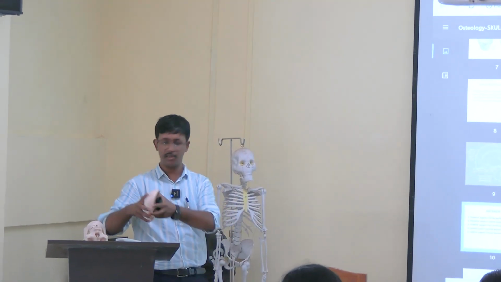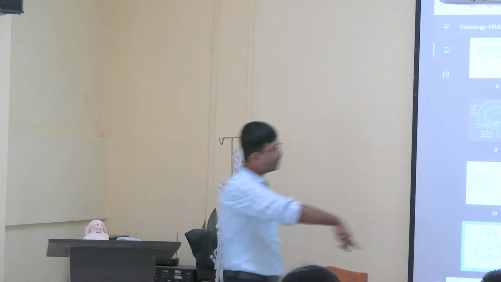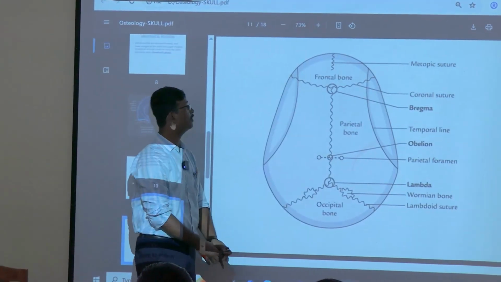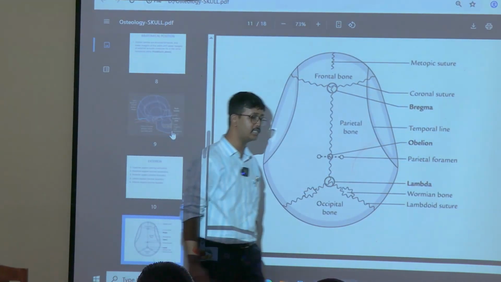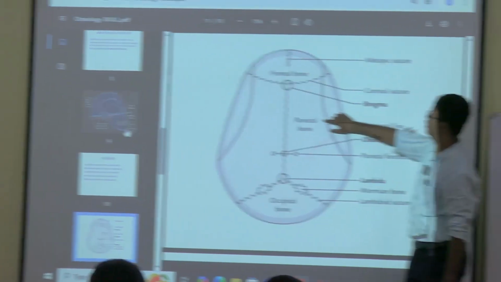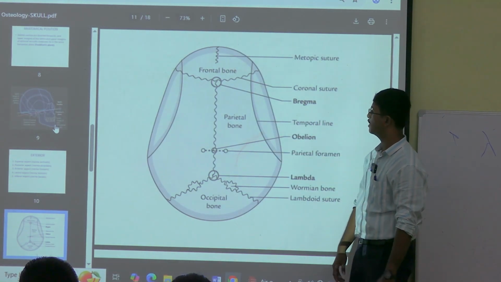Let us see through these pictures. You are viewing the skull from the superior view. Here you will be studying the bregma, the lambda, and the lambdoid suture. This will be taken in individual classes. All these sutures will be taught again, and this is the norma verticalis.